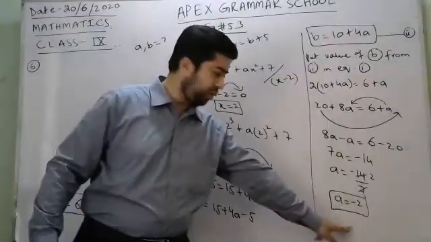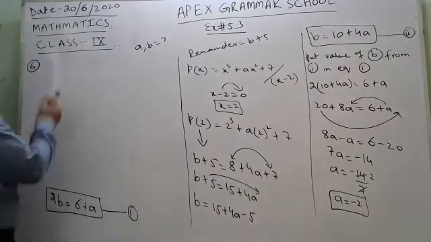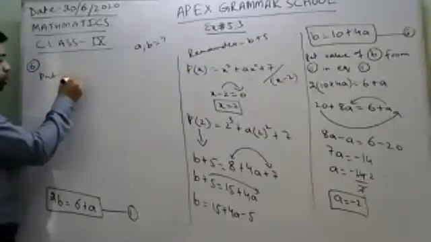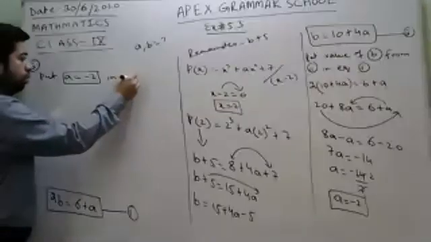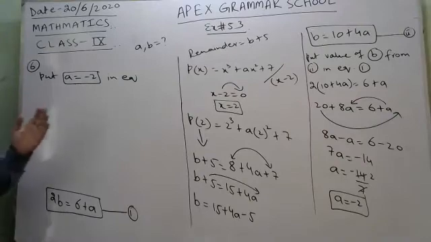After this step, put a equal to minus 2, the value of a, in the equation. Either you can put it in equation number 1 or in equation number 2. I'm going to put it in equation number 2.